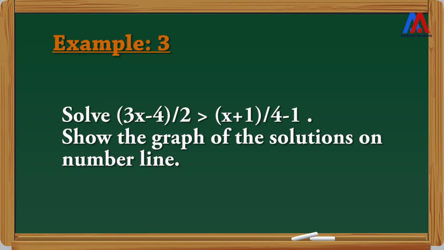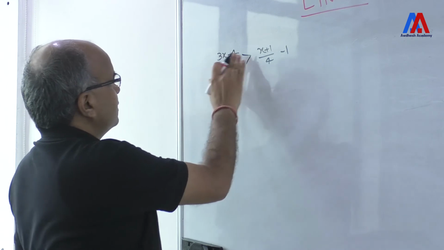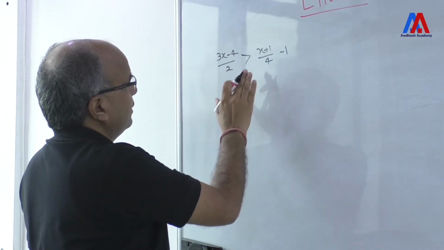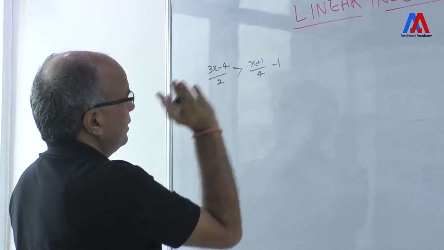Let us now go to problem number 3. Solve (3x minus 4) divided by 2 greater than (x plus 4) divided by 4 minus 1, and please show the graph of the solution on the number line. So here you are given that (3x minus 4) divided by 2 is greater than (x plus 1) by 4 minus 1.